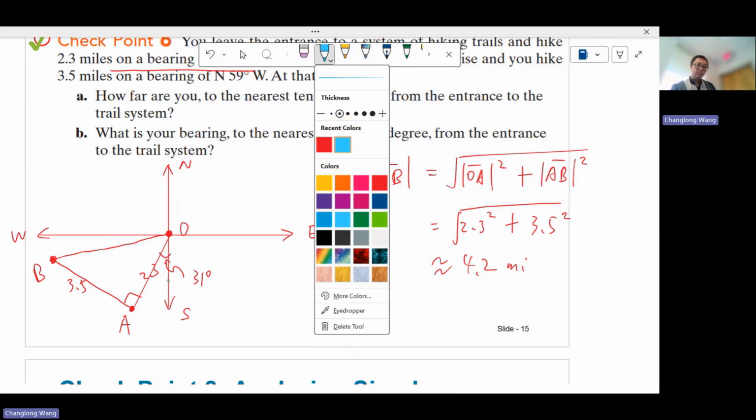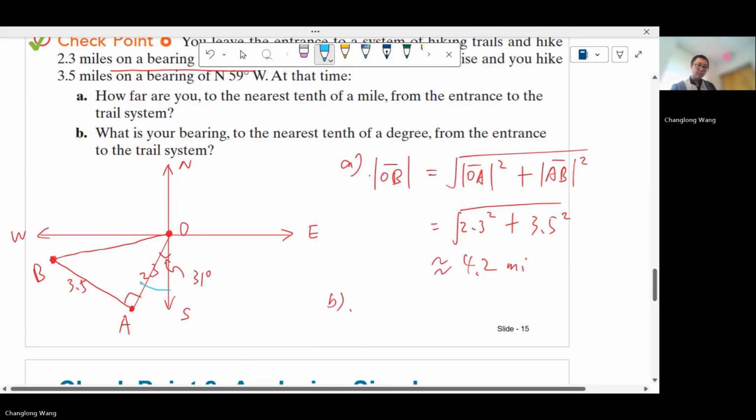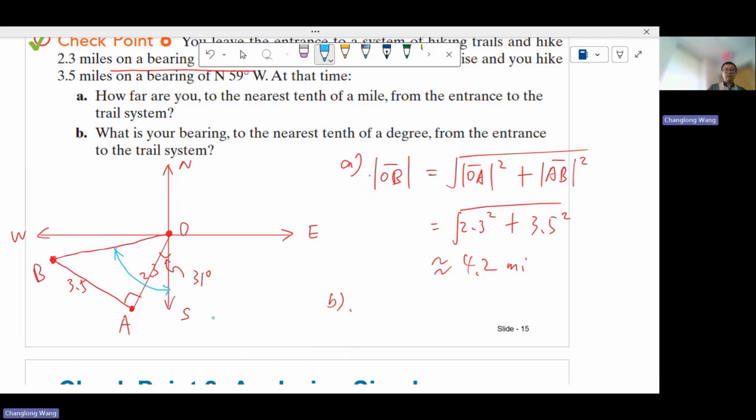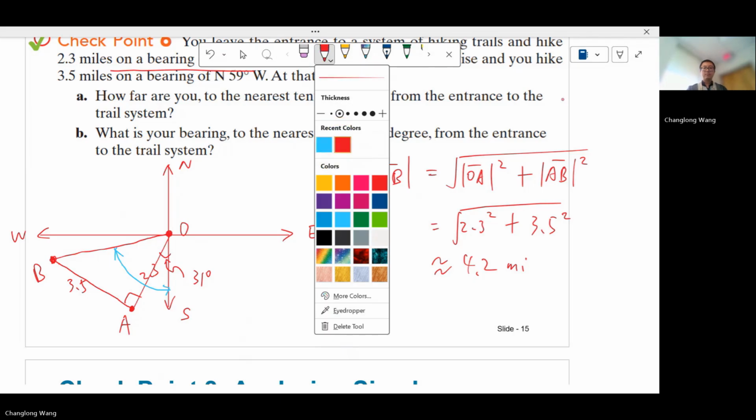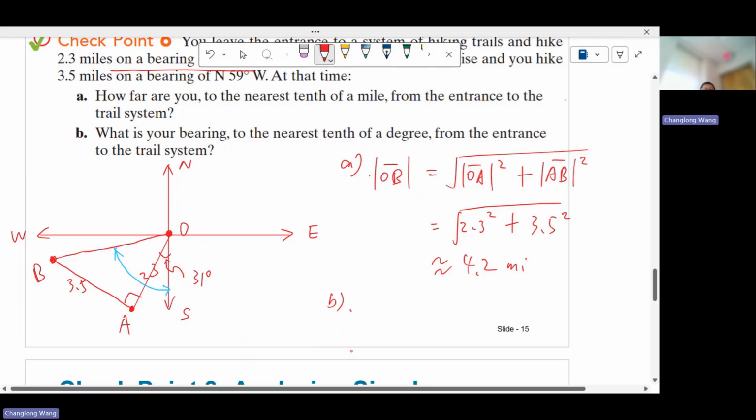I need this angle, still an acute angle, but it goes from south all the way to the side OB. But of course, we need to first find out what the angle AOB is. Let's go ahead and find angle AOB.